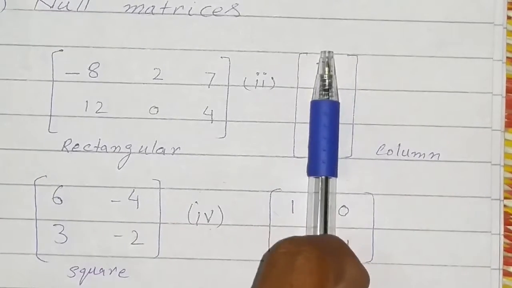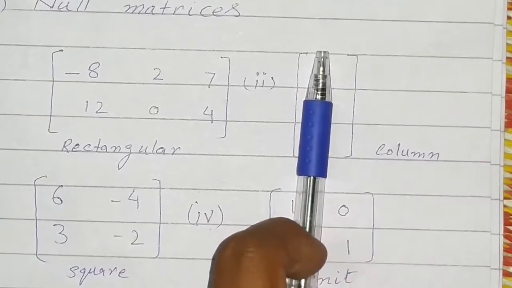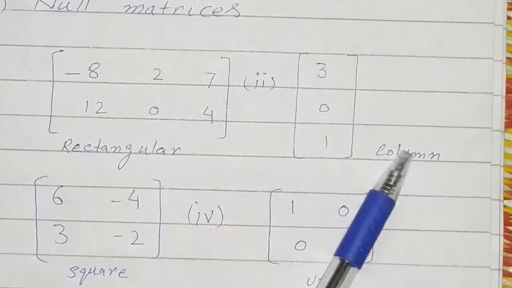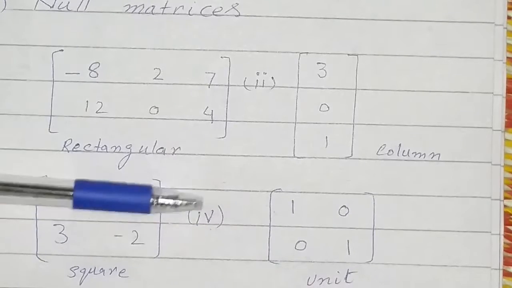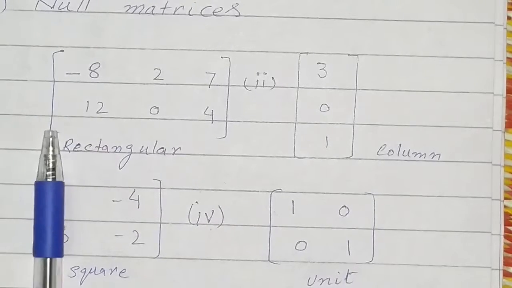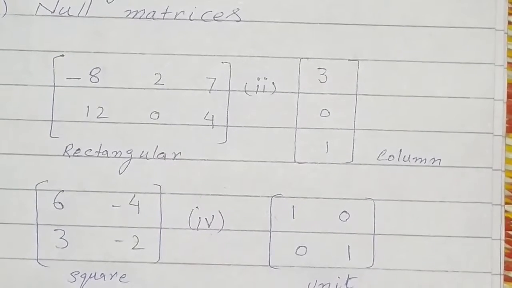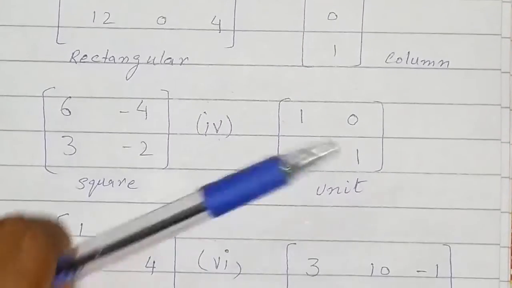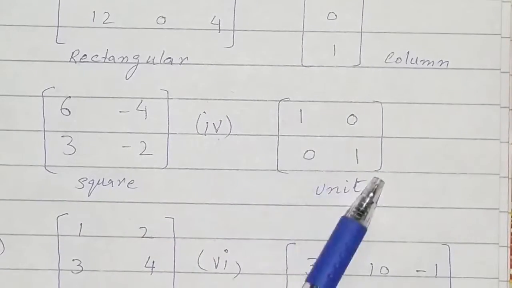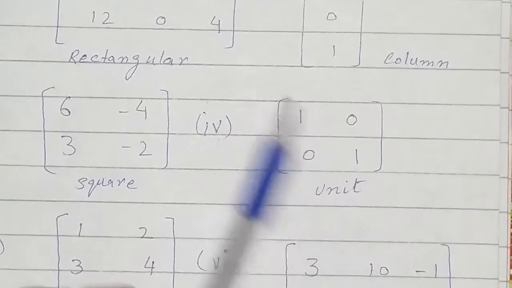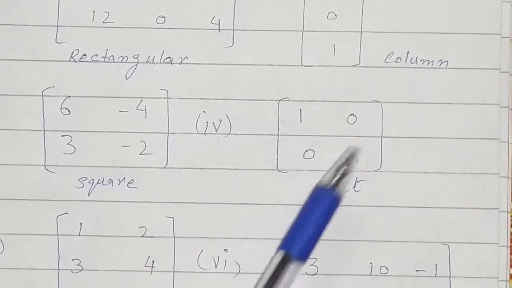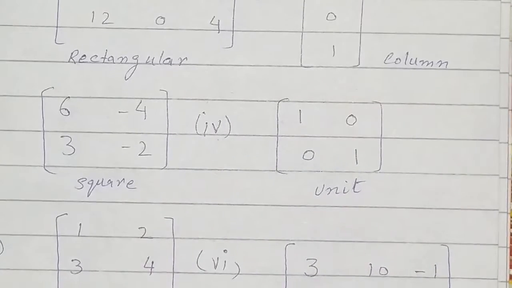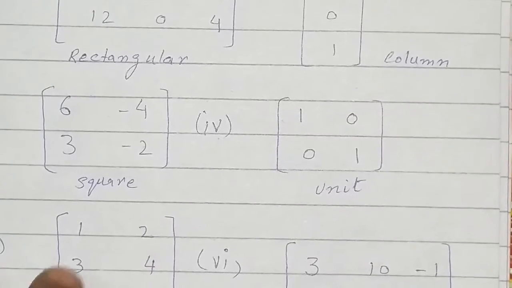Here there is only one column for this matrix, so it is a column matrix. Here there are 2 rows and 2 columns, so it is a square matrix. It has 1 in the diagonal and all other elements are 0, so it is a unit matrix or the identity matrix.